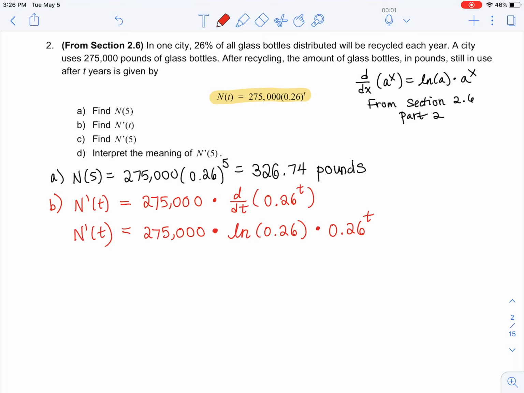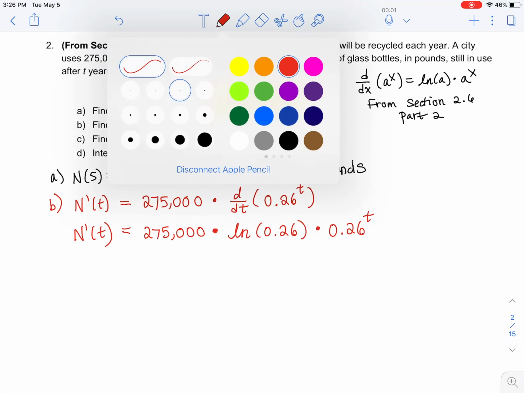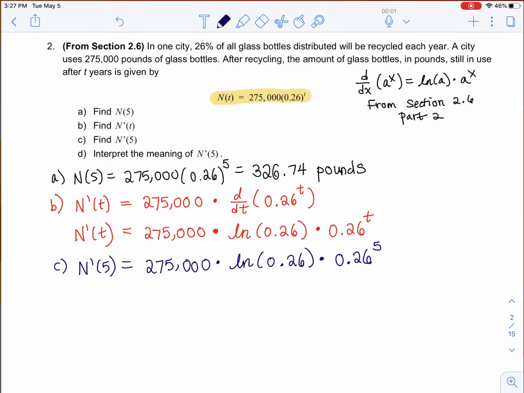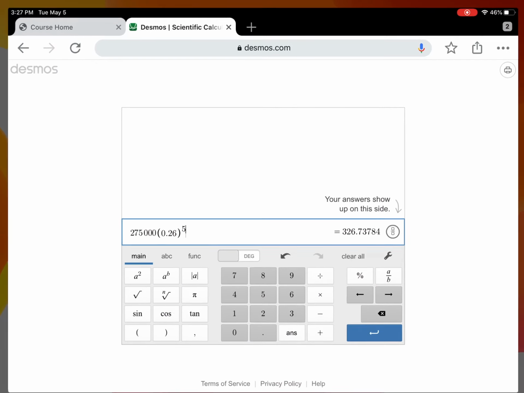All right. Now let's go ahead and use this function to answer part C. They want you to find n prime of 5. So plug in 5 into that function that we just found above. 275,000 times the natural log of 0.26 times 0.26 raised to the 5th power. And I gotta go back to my scientific calculator. Let's see if I can remember this.